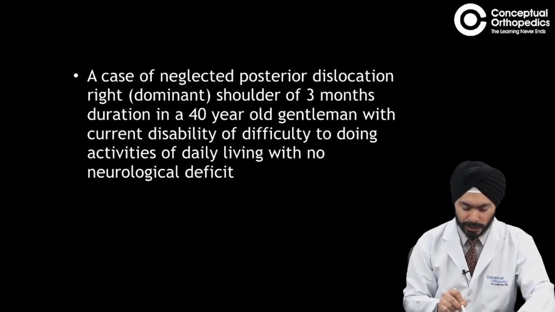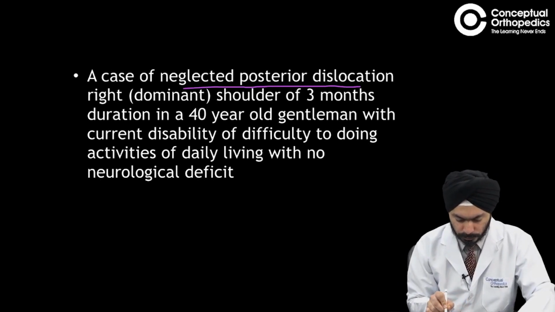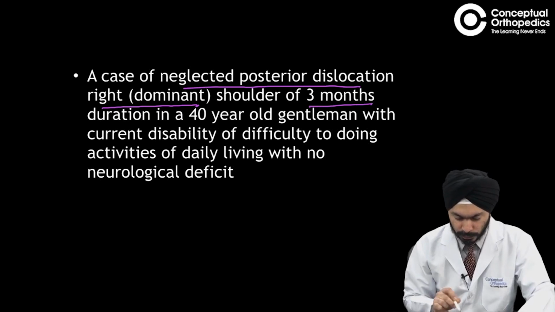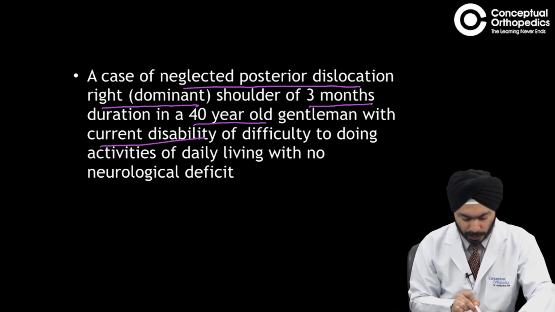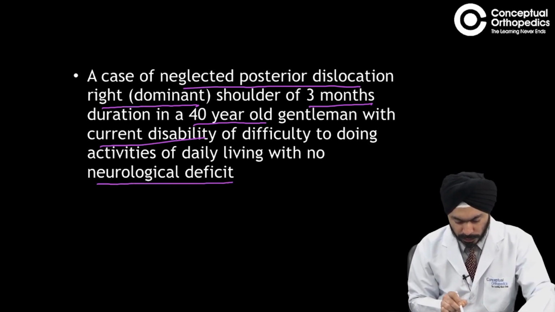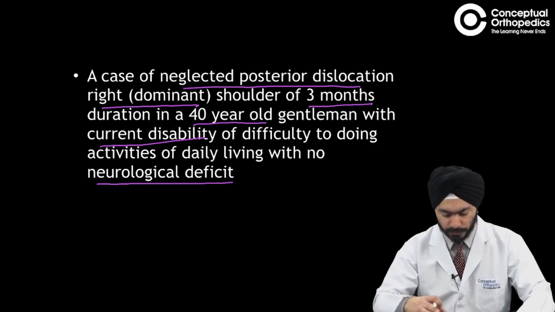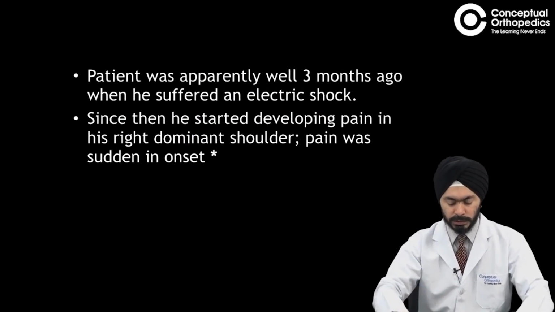So you have to tell the diagnosis, the dominance, which side is affected, the duration, the age of the patient, the current disability, and what's the neurological deficit if any is present. Remember to be sure of mentioning all these things in your diagnosis.